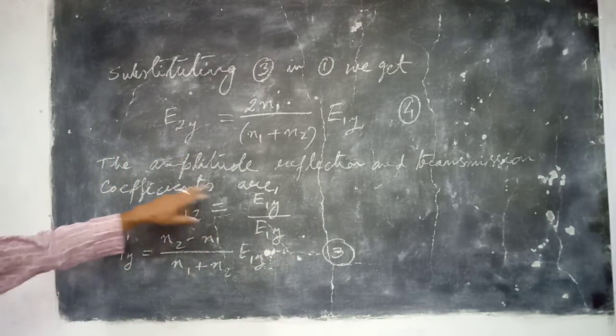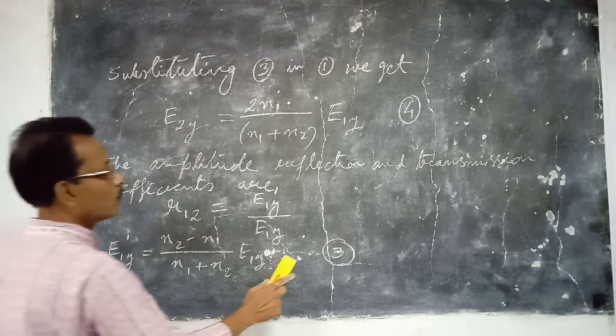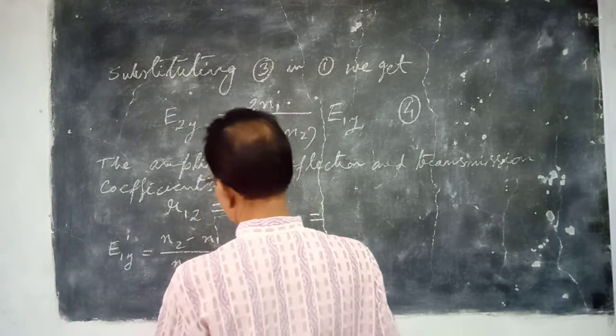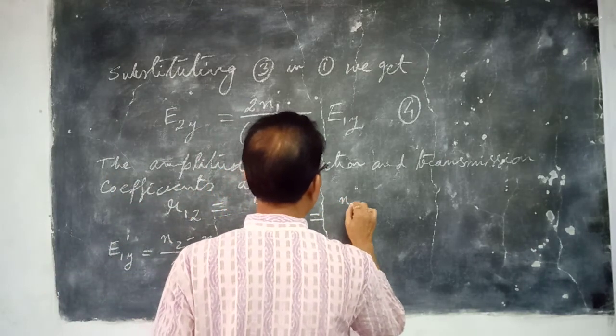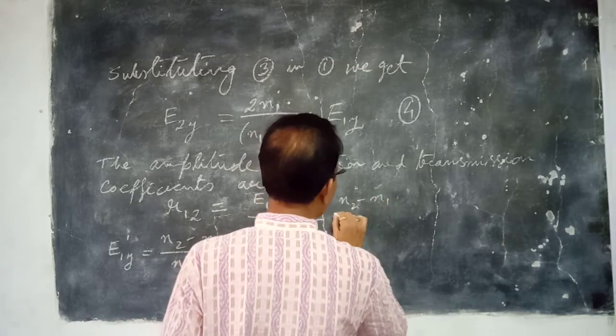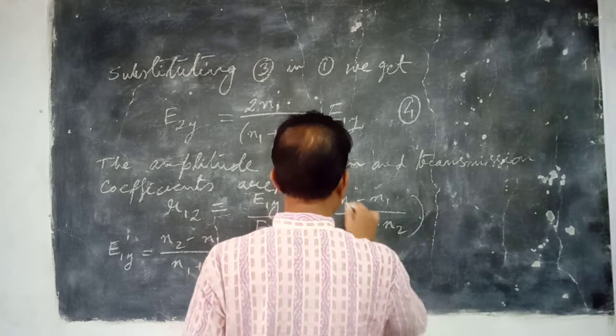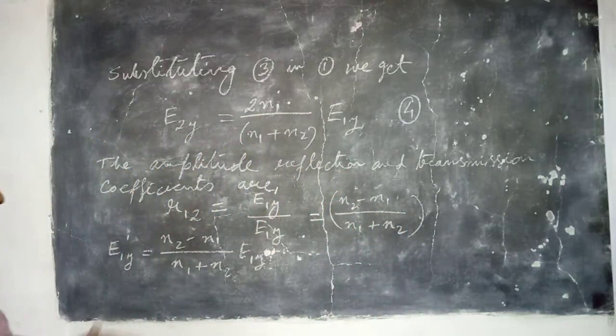How much portion is reflected? That will be equal to (n2 minus n1) by (n1 plus n2). This is the amplitude reflection coefficient.